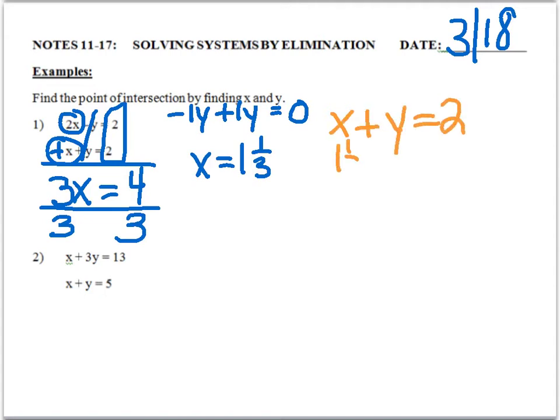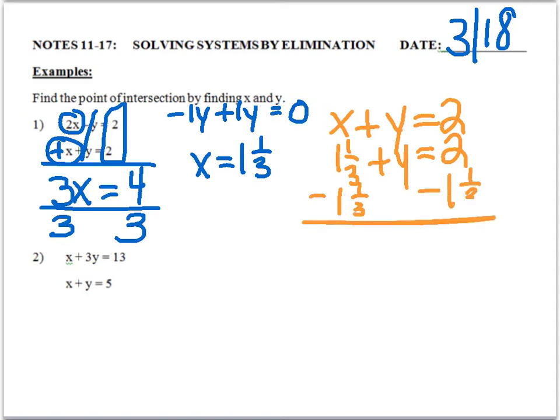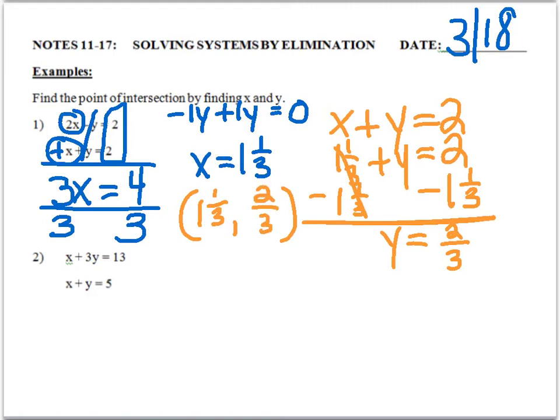And I'm going to do 1 1/3 plus y equals 2. And I can subtract 1 1/3 from both sides to get y equal to 2/3. So the coordinate or the point of intersection for these two linear equations is the x coordinate 1 1/3, comma the y coordinate 2/3.